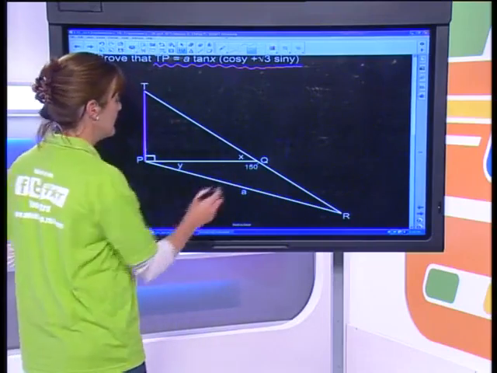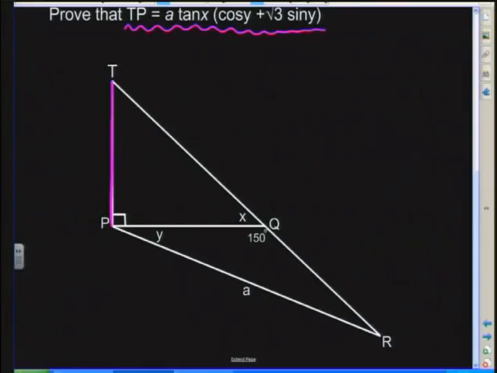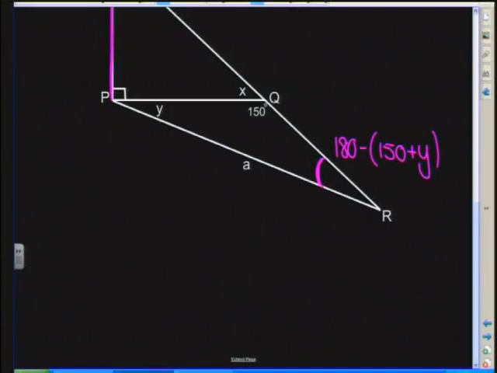For example, if that's 150 and that's Y, this angle over here is going to be 180 minus 150 plus Y, because it's interior angles of a triangle, which means that angle R is going to be equal to 180 minus 150, which is actually 30, minus Y. That's your interior angles of a triangle. So that's what I know this is, and it's going to help me in a minute.